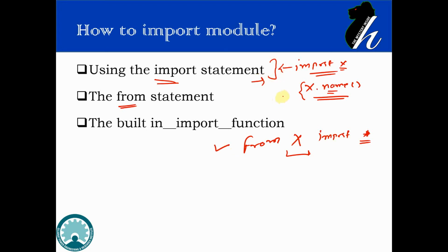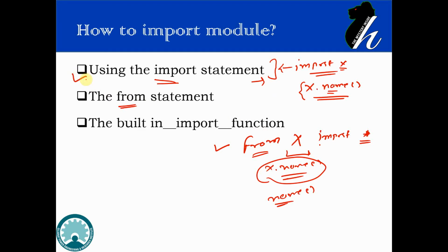It imports the module x and creates the references in the current namespace. You can simply use the plain name to refer to things after defining it this way. For example, if you import module x like this, then rather than referring to x dot name, we can directly refer to name. That is how it differs from the first way to import a module.